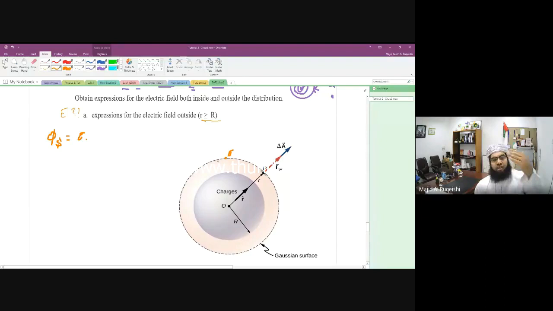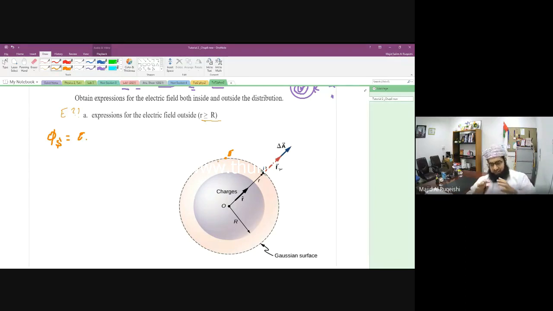So we will draw an imaginary surface that makes the electric field intensity the same, uniform, at that Gaussian surface. This is why we are drawing the same shape. Here we also draw an outer sphere, and this sphere is imaginary.